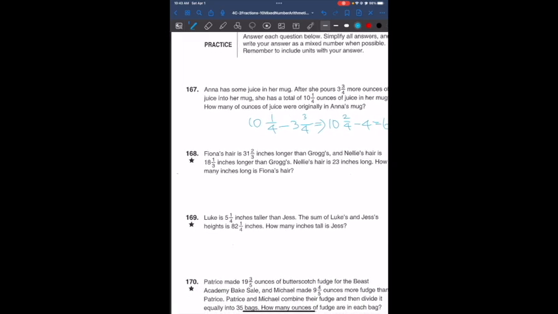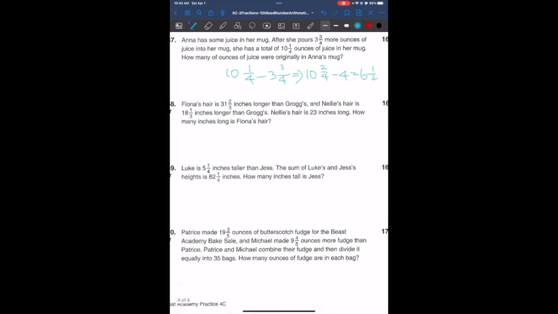And then Fiona's hair is 31 and 2/3 inches longer than Grog's, and Nellie's hair is 18 and 1/3 inches longer than Grog's. Nellie's hair is 23 inches long. How many inches long is Fiona's hair? And so we're first going to find the length of Grog's hair. Nellie's is 23 inches long, which is 18 and 1/3 inches longer than Grog's hair.